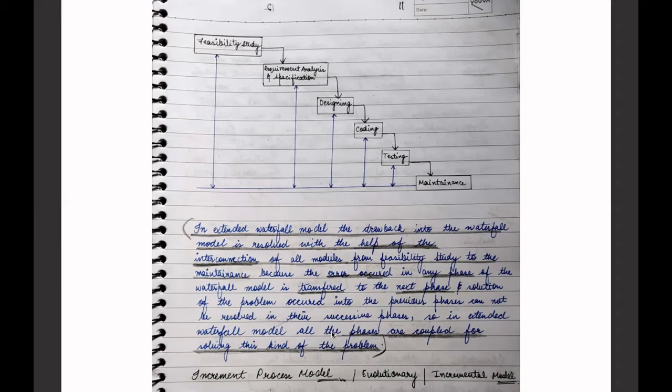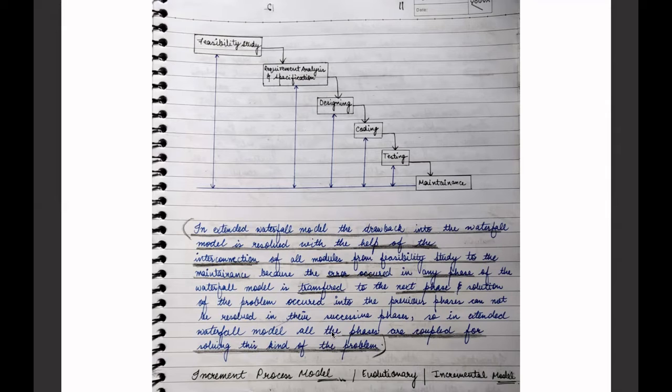At the end of each iteration of the model, the iterative design process starts with a simple implementation of a subset of the software requirements and iteratively enhances the evolving versions until the full system is implemented.